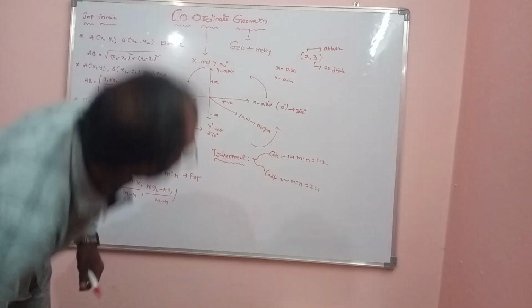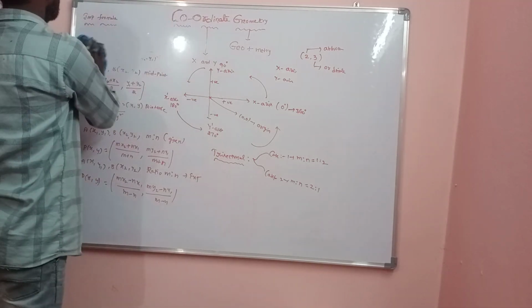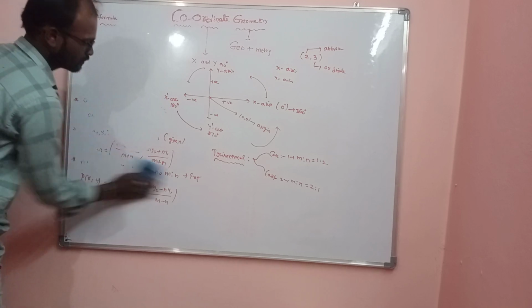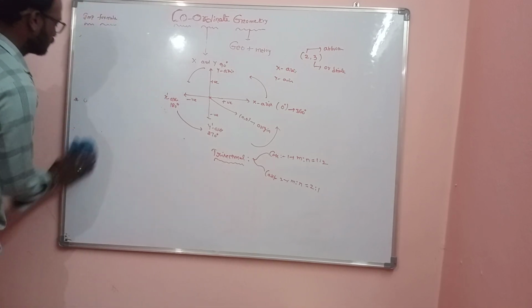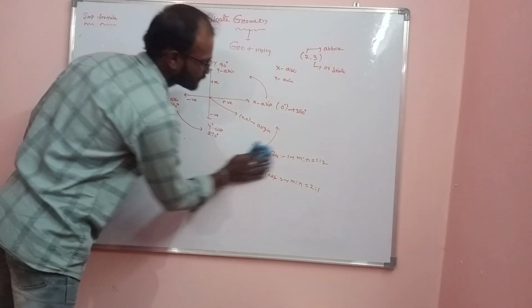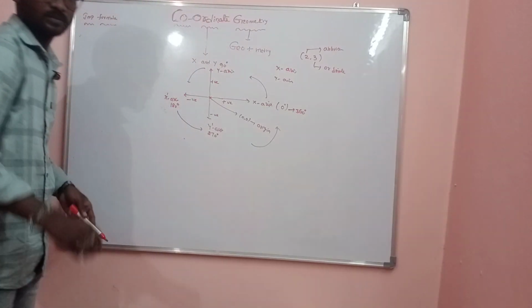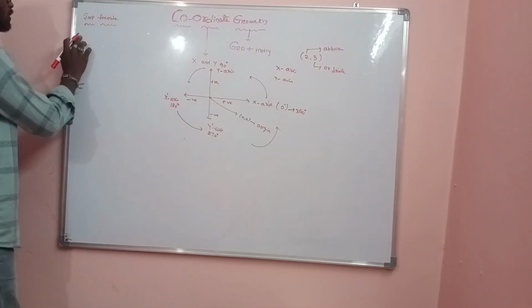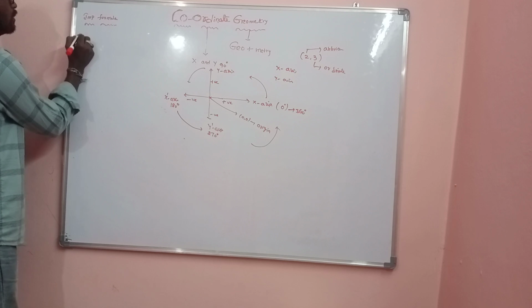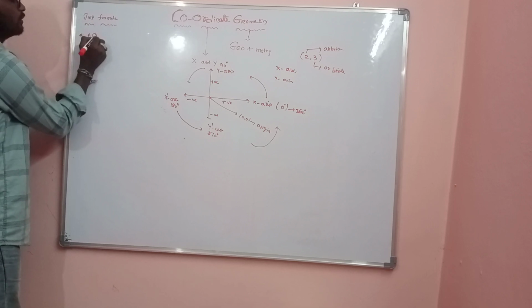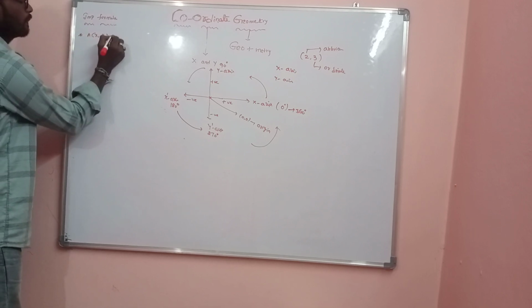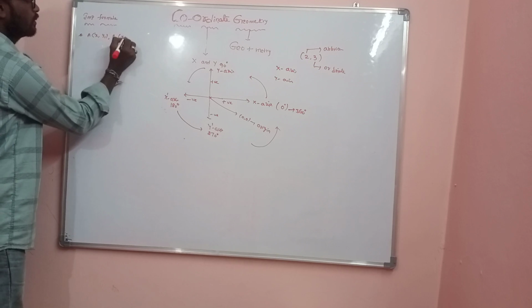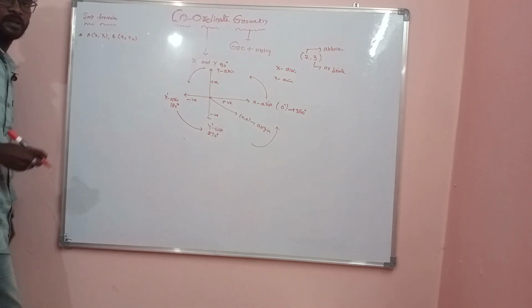Next one is: A is (x1, y1), B is (x2, y2).